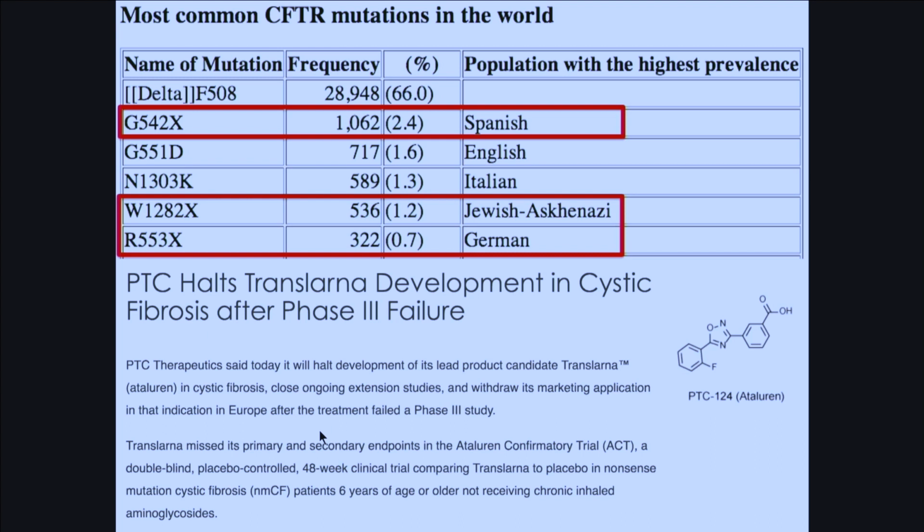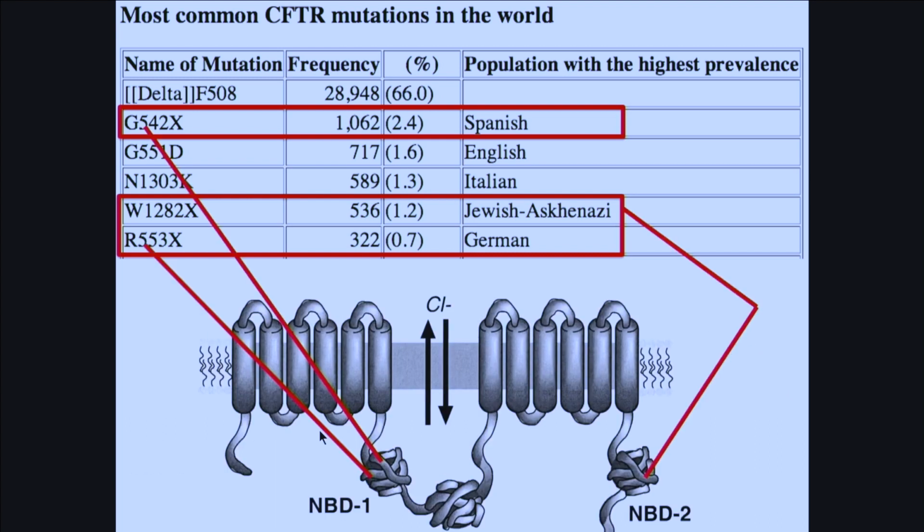But looking at these proteins, the G542X and the 553X are in nucleotide binding fold 1. These two stop the protein from being made so early that there's no chance of getting any function. However, for the 5th most common mutation worldwide, 1282X, the 1282 position is way down here.